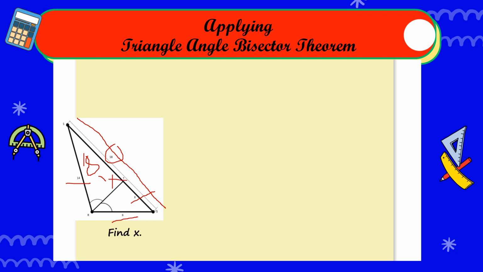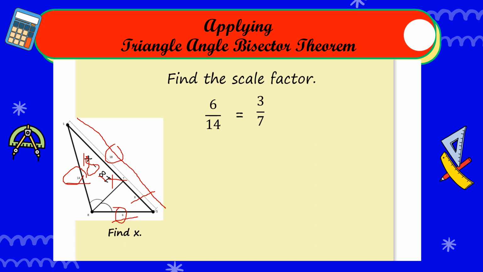Okay. Of course, we need to start for the scale factor. And the scale factor will be, amandapit, that will be coming from 6 and 14 because these are the known sides. So 6 over 14 is reducible, both are divisible by 2, so that's 3 over 7.